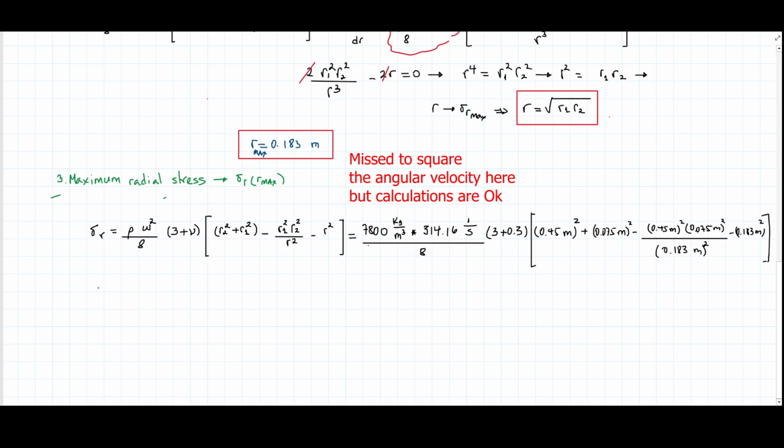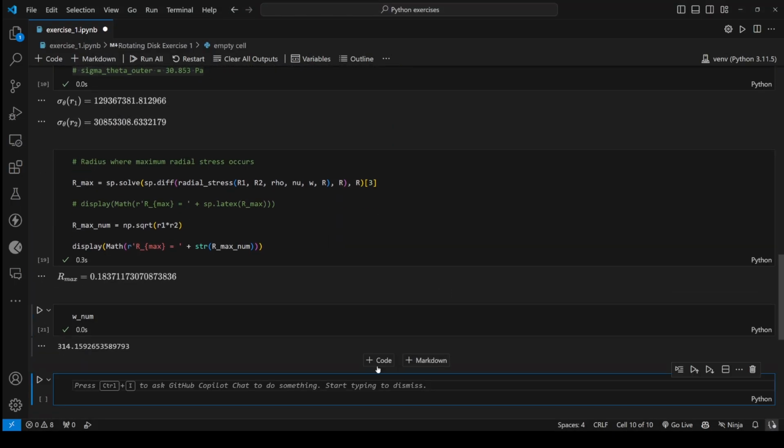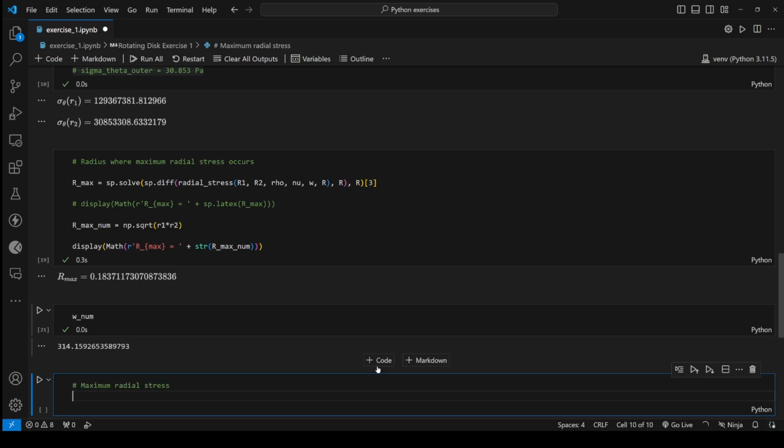There it is. Then it means that the sigma radial maximum is going to be equal to, and let's go back to our calculator here. So this is where I calculate this. So this is going to be the maximum radial stress.